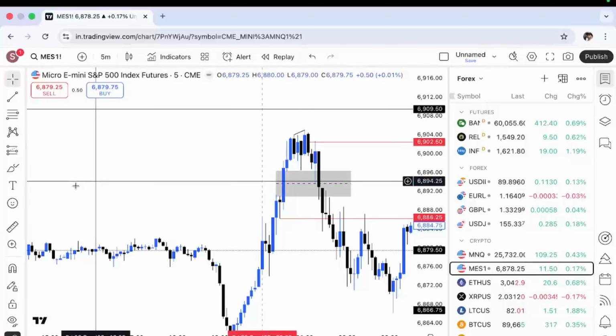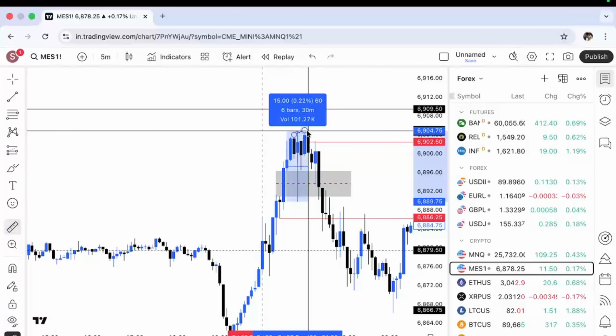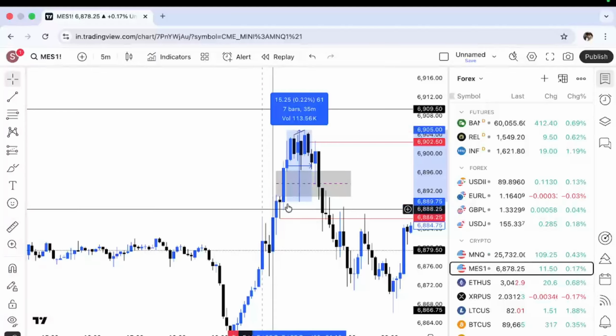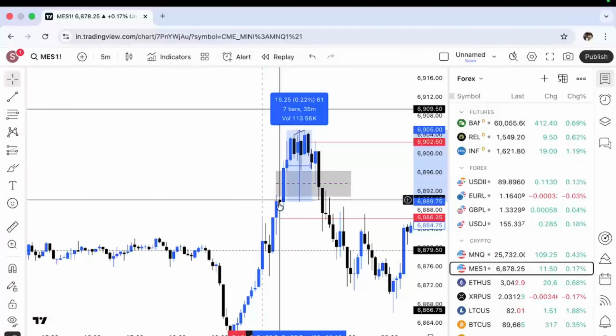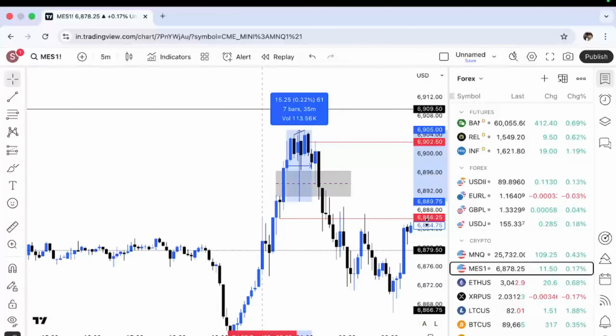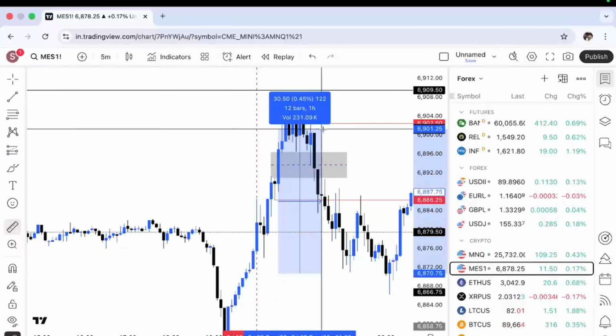After this up move took out that 4 hour liquidity, the divergence gets completed. What I thought is, if this pullback was enough to the downside, taking out these 5 minute lows and creating a liquidity sweep, then I would personally go long up to these highs.